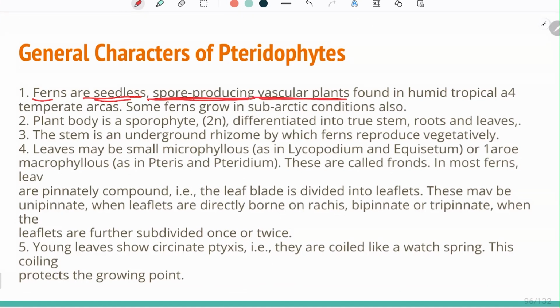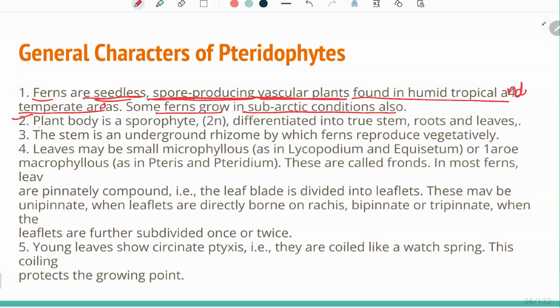They are vascular plants found in humid tropical and temperate areas, where the temperature doesn't rise much and is cool and calm. Some ferns grow in subarctic conditions as well.